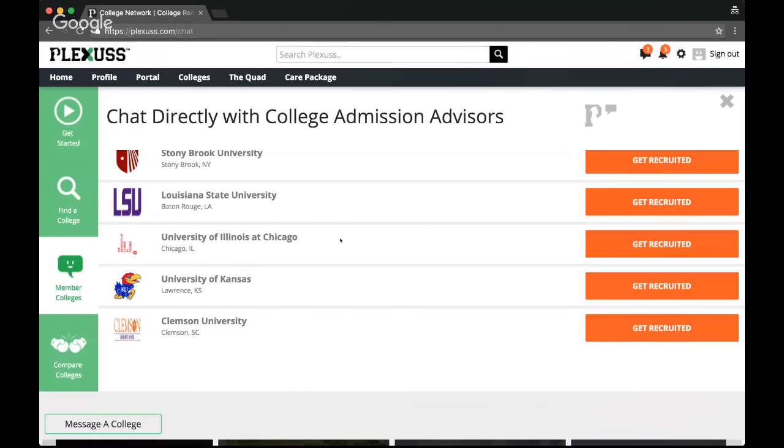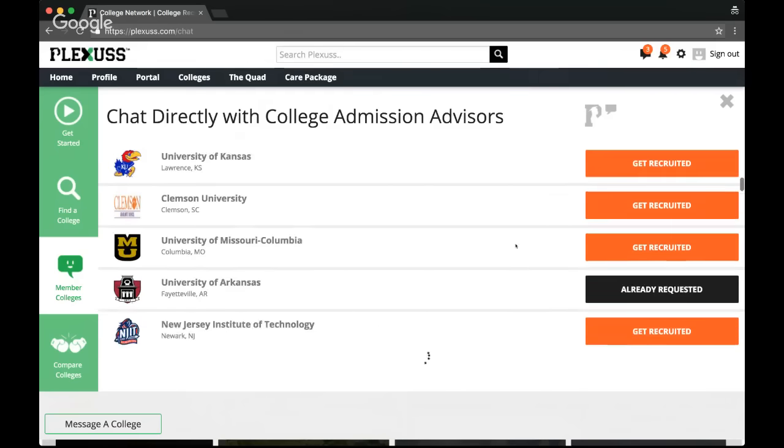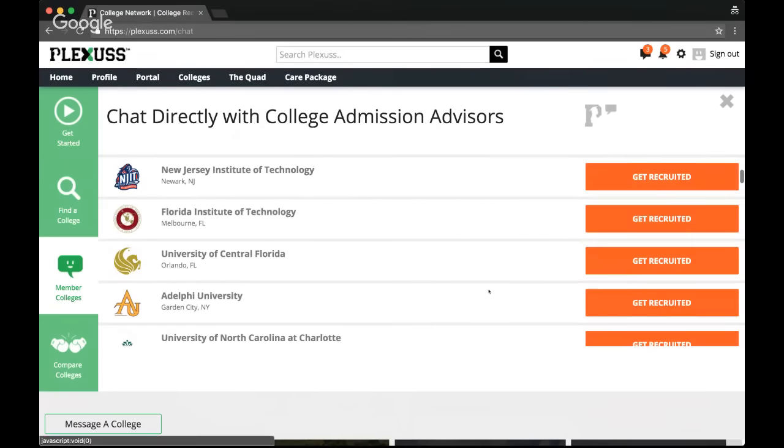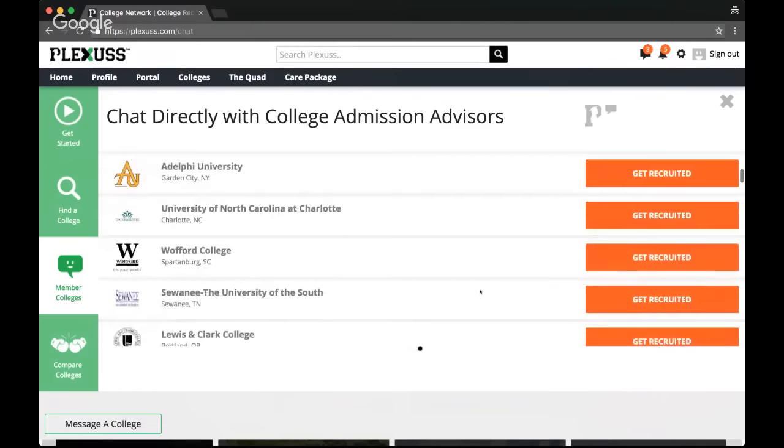If we're interested in being recruited by UIC, we could click on that Get Recruited button, and UIC would be notified that we're interested in being recruited by them. As we scroll down, we can see more member schools. You can see for the University of Arkansas, I've already requested to be recruited by them. So I recommend coming in here and going through these schools and clicking on that Get Recruited button for all those that you're interested in.